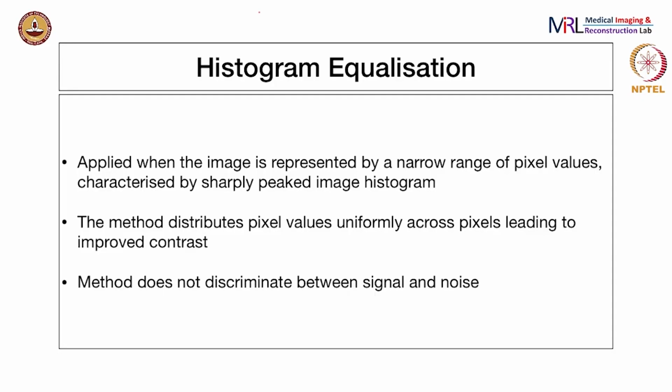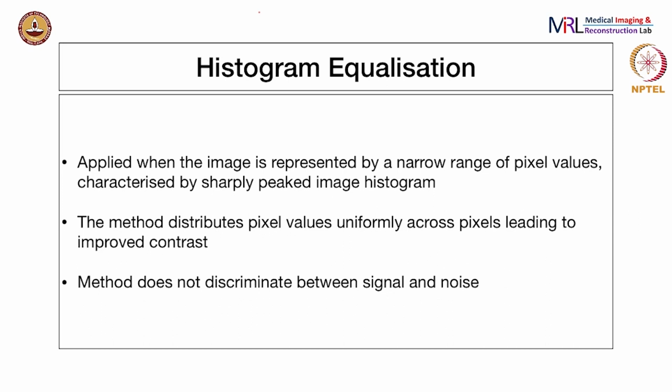Hello and welcome back. So in this video we will look at histogram equalization, which is again a very useful pre-processing step, and this is typically used when the image is represented by a very few or very narrow range of pixel values, and it kind of shows up in the histogram when you see that the histogram is sharply peaked, in the sense a lot of pixels have a similar range of values.